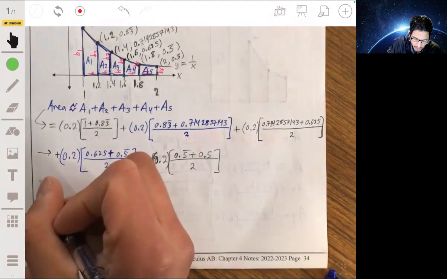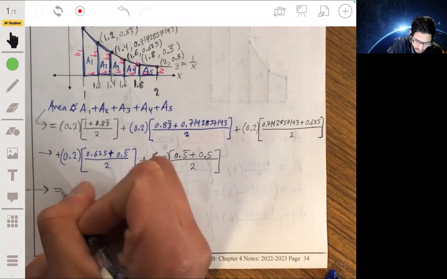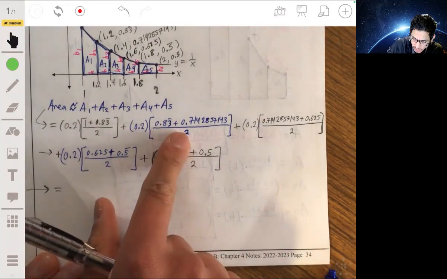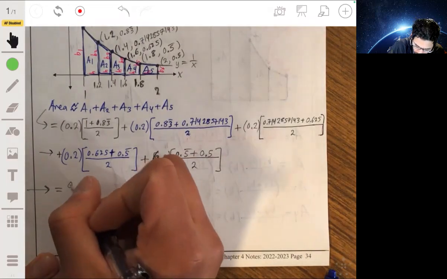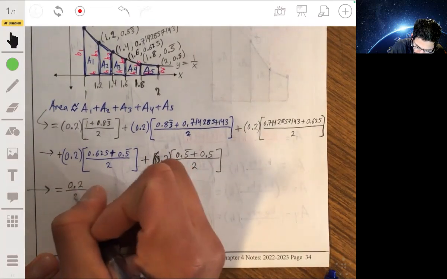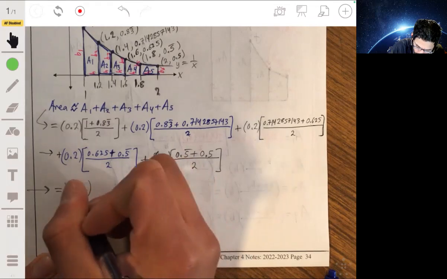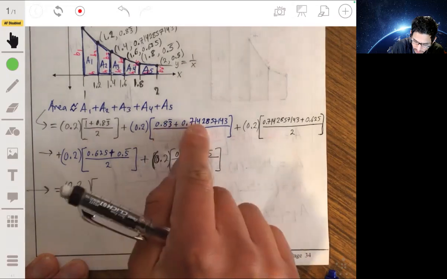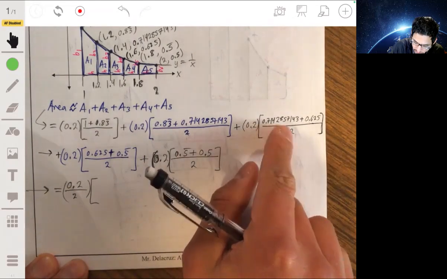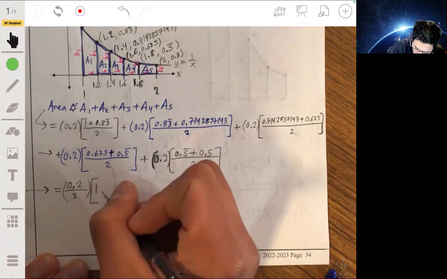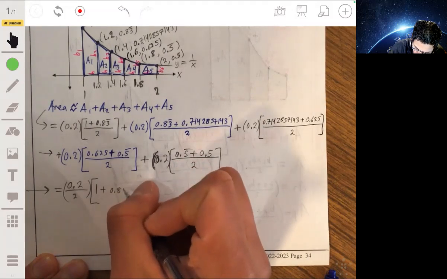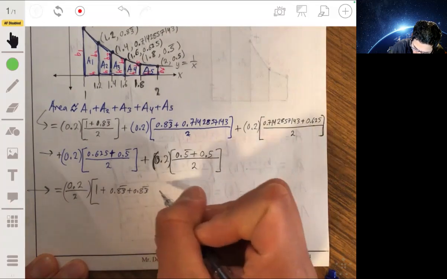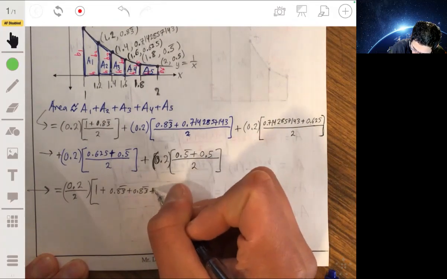Now you can notice, and this will give you some insight into why the formula is the way it is, that you can factor out a 0.2 over 2 from all of them. You can go 0.2 over 2 times 1 plus 0.83 plus 0.83 plus 0.714 plus 0.714 plus 0.625 plus 0.625 plus 0.55 plus 0.55 plus 0.5.